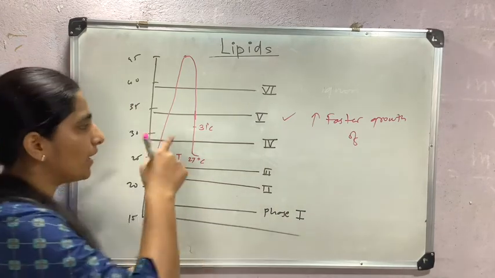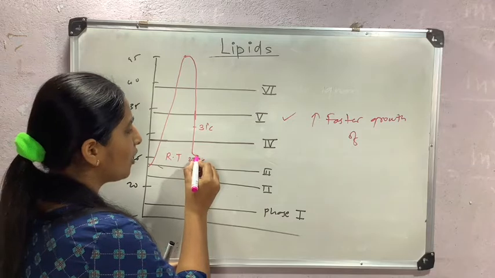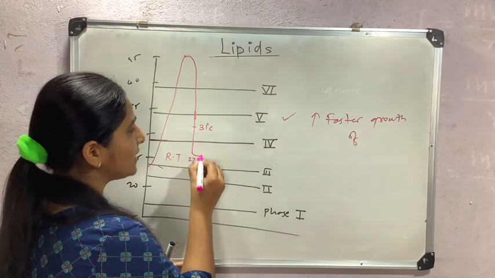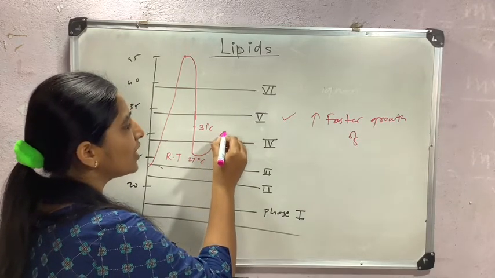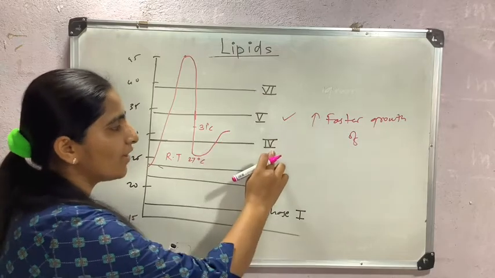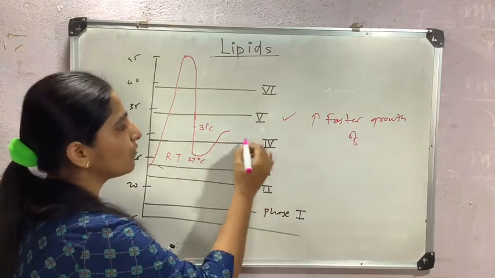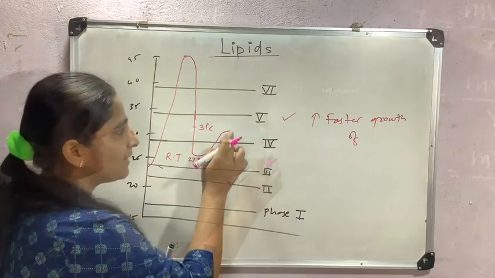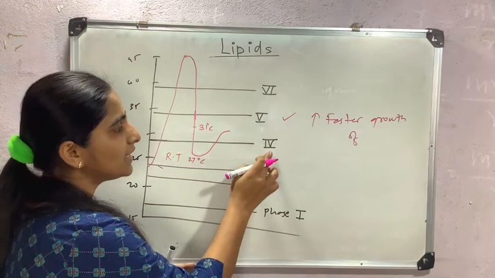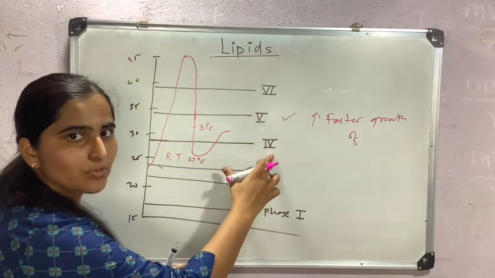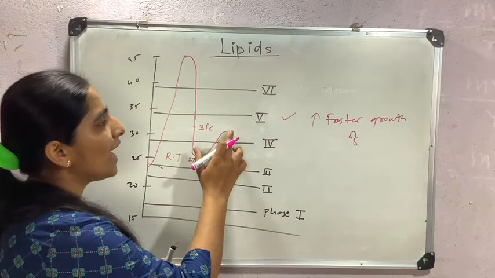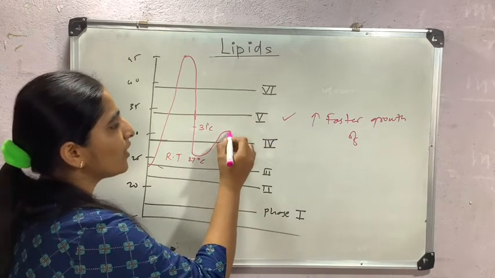Now, if you heat chocolate from 27 degrees Celsius to a temperature above the melting point of phase 4 seed crystals, the phase 4 seed crystals will melt and we will get only phase 5 crystals.